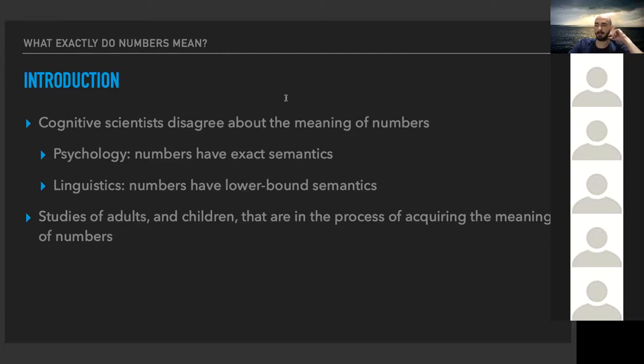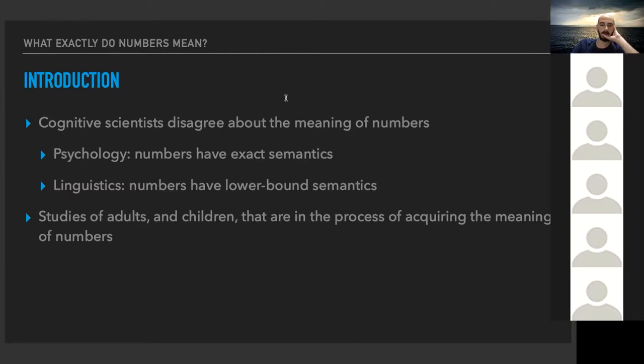However, Huang et al. did some research to see what is really true. For doing so, they studied both children that are still in the process of acquiring numbers and adults that already have semantic knowledge of numbers. And because it's important for the experiments later on, children acquire numbers sequentially.